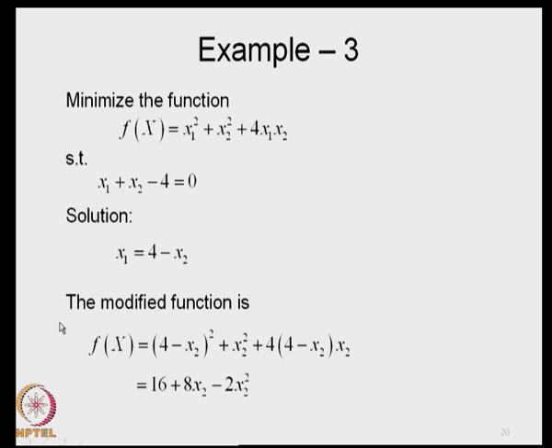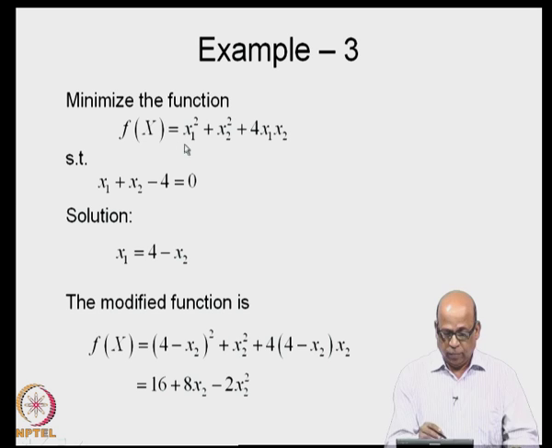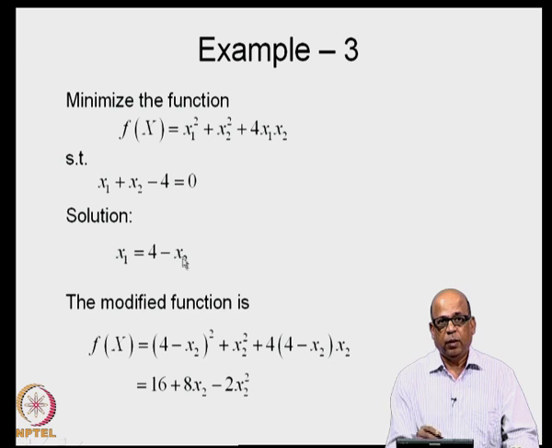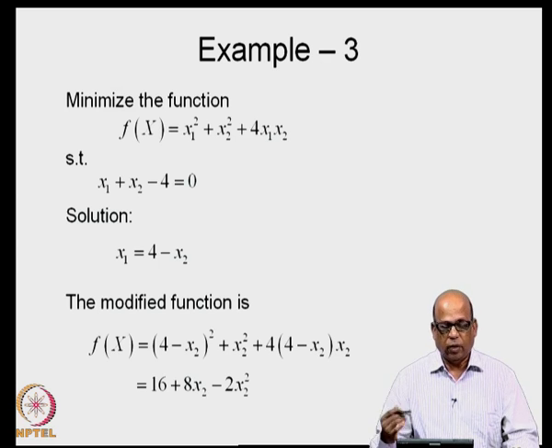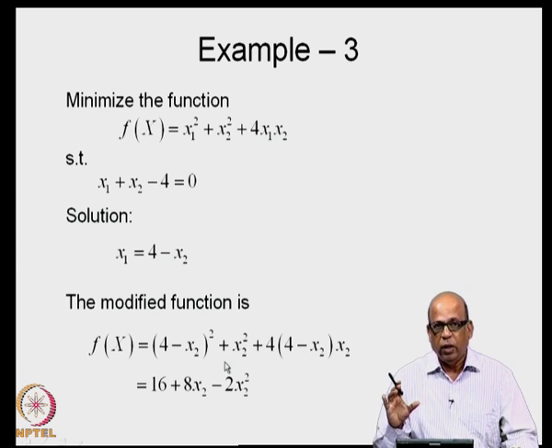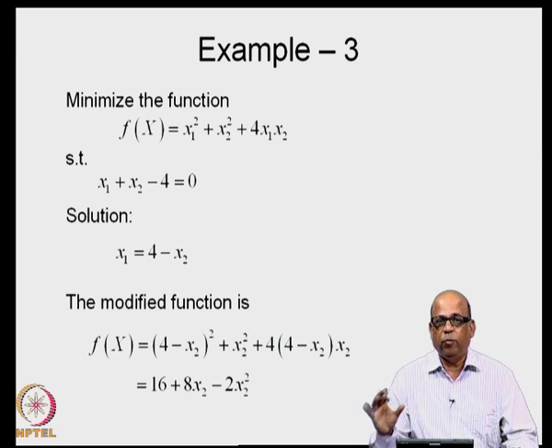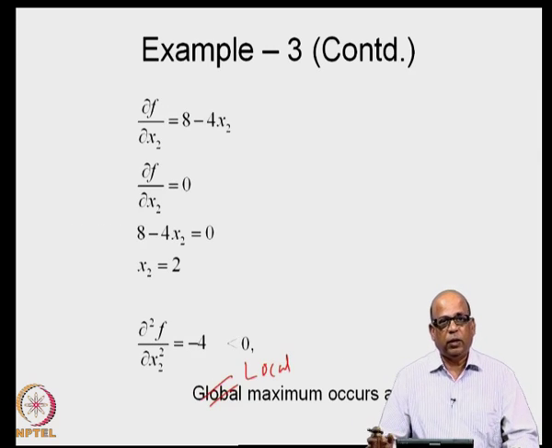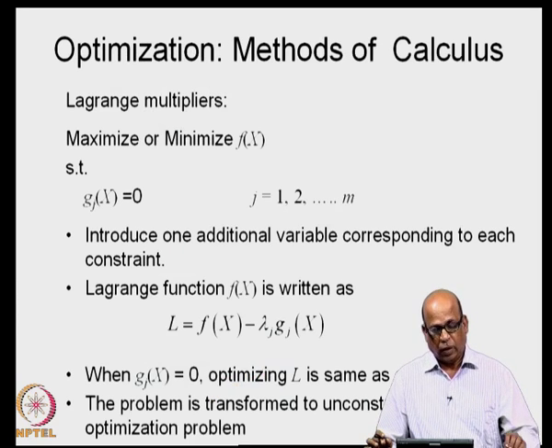So, this is what we do in direct substitution. That is, we substitute for m number of variables in terms of the other n minus m variables, and then convert the problem into an unconstrained optimization problem in terms of n minus m variables, and we use the methods of unconstrained optimization and then solve the problem.